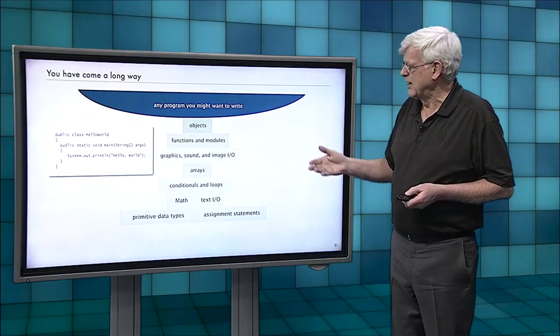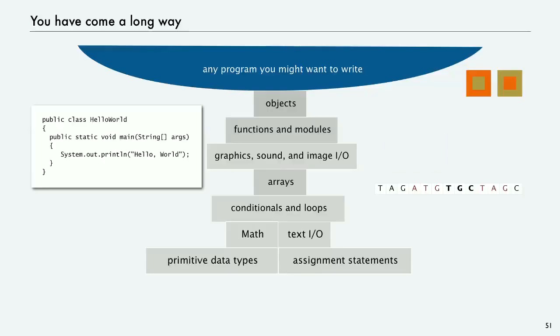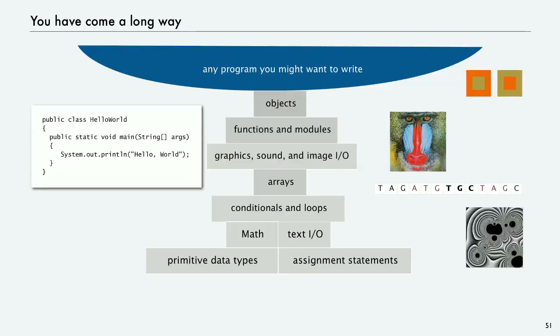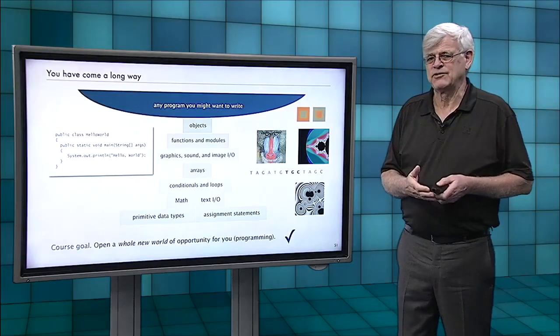You've come a long way in just 9 lectures from Hello World to programs that can manipulate color and pictures and charge objects and complex numbers. Our goal in this course was to open up a whole new world of programming for you, and with this addition of object-oriented programming, we think we've satisfied that goal.